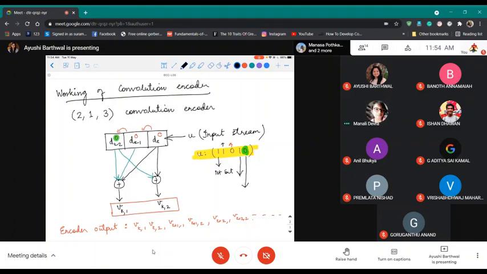We have to find out VK1 and VK2. You have to find out the encoder output. Ma'am, my encoder output is 0011, 0110, 0100.